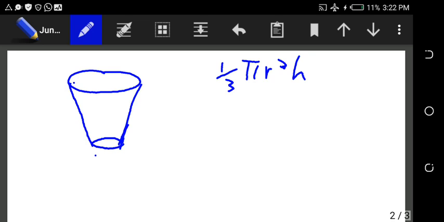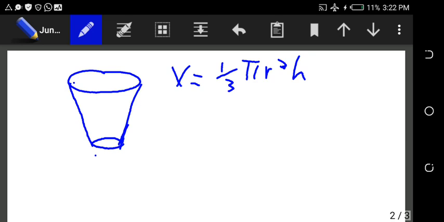We have looked at this in previous videos. So the volume of a given cone is 1/3 pi r squared h.